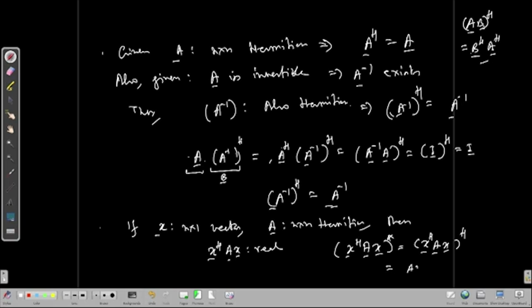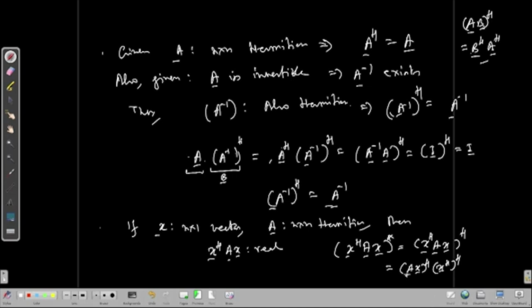So it will be (Ax)^H, and (x^H)^H. (x^H)^H will bring back x because x was a column vector. Now x^H will be a row vector with conjugates. Again H will make it a column vector by transposition again, and conjugate on conjugate will remove the conjugate. So you will get back x.